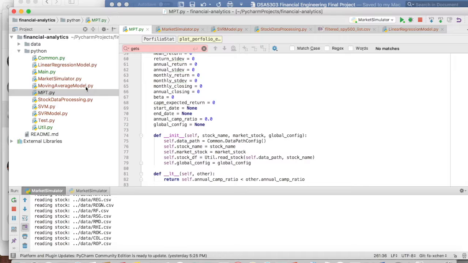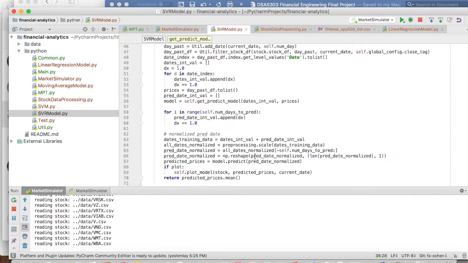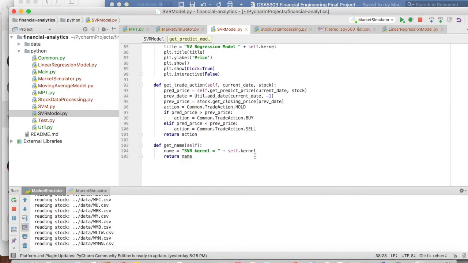And also you see the linear regression model, moving average model, and SVR models. All those models implement a method called get trade action.